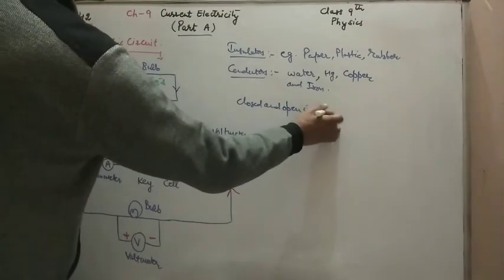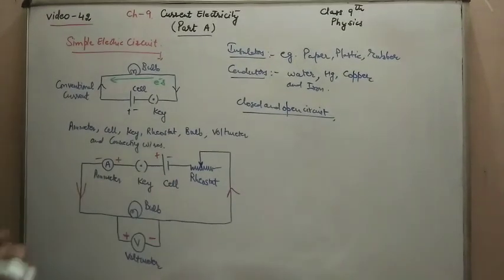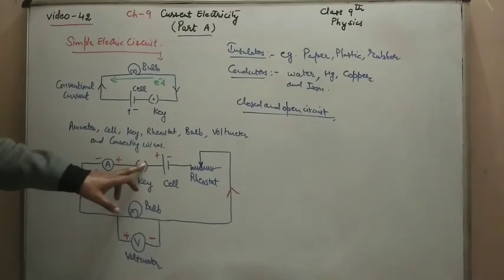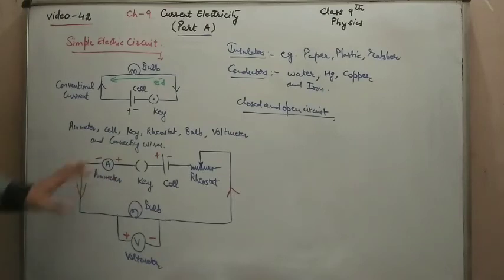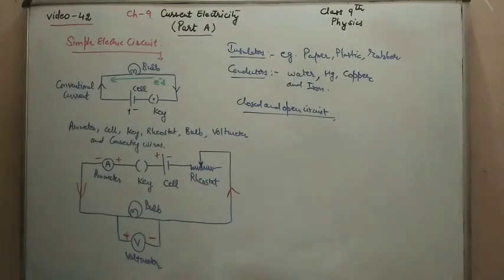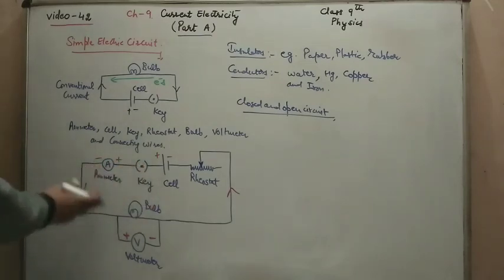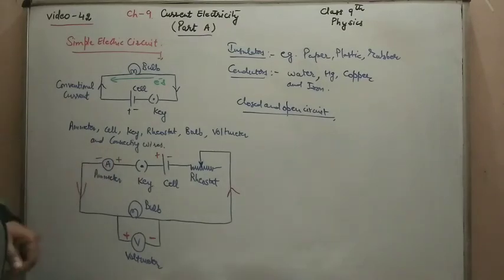So closed circuit, see over here, if the switch is open, so no current will flow. No need to mention the arrow over here. And if this switch is closed one, or every component of this circuit is in proper condition or it is working, so definitely you will find the current.